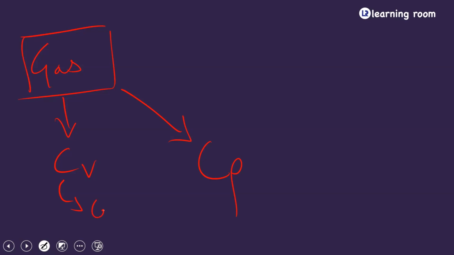Cp is at constant pressure. So at constant volume, what is happening? Pressure is changing. At constant pressure, volume is changing. That's all.